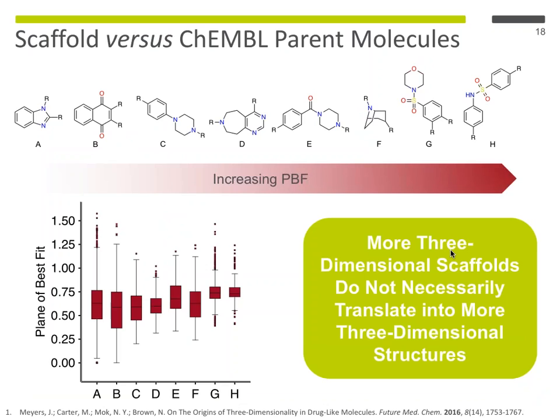So this suggests that perhaps those more 3-dimensional scaffolds do not necessarily translate into more 3-dimensional structures, but that also means that the more planar scaffolds would not also enrich on that. But then you have to start wondering about your chemical complexity, and also the structural moieties you're using if you really want to introduce a sulfonamide group, and if that's going to help you in all of your designs.